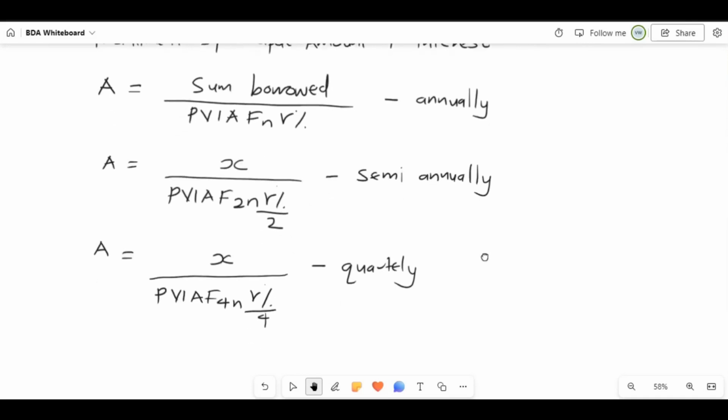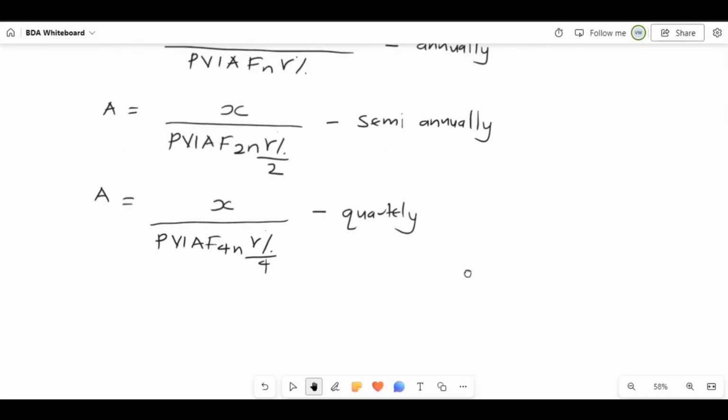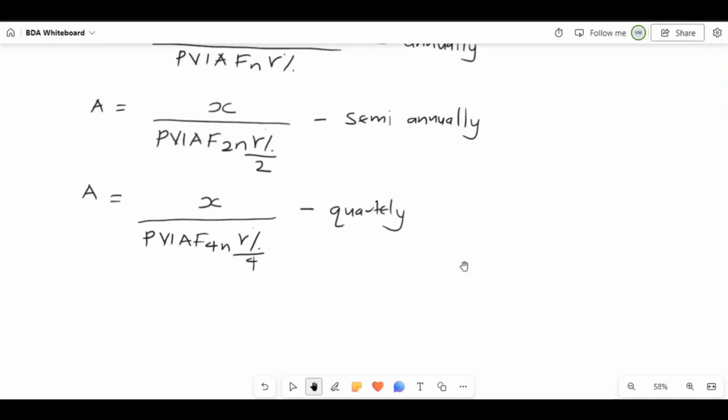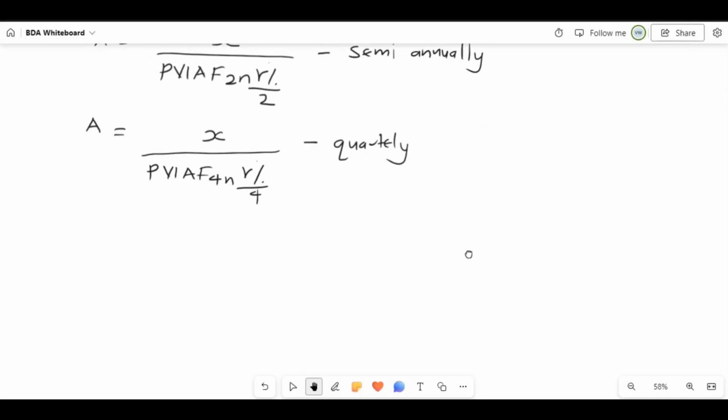After getting the periodic installment, you can prepare the loan amortization schedule and show how this loan will be repaid.